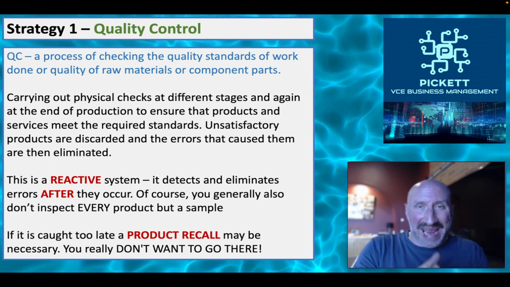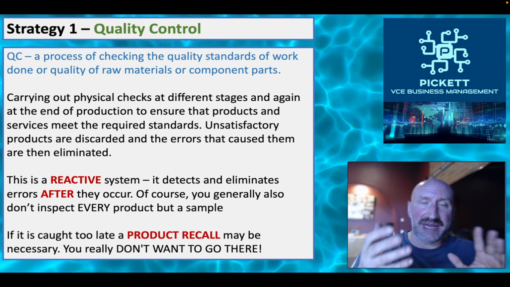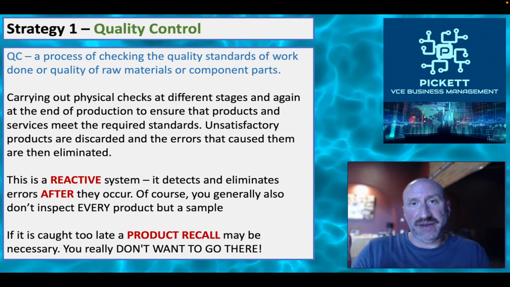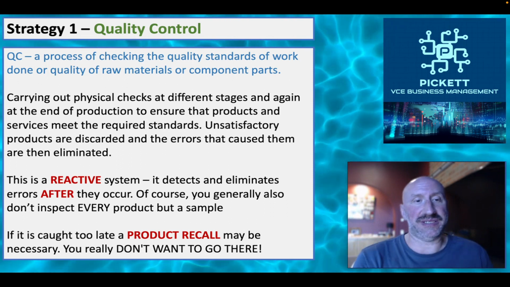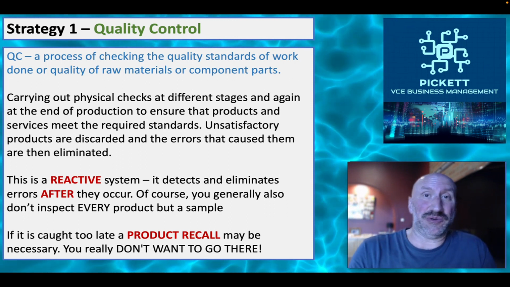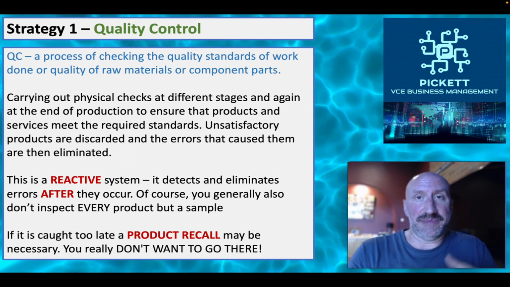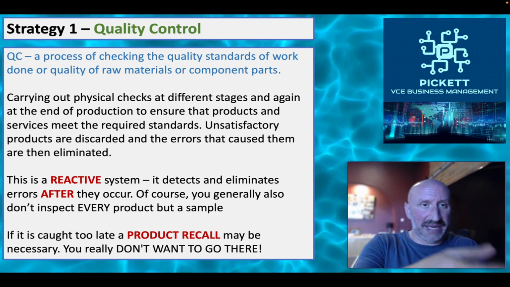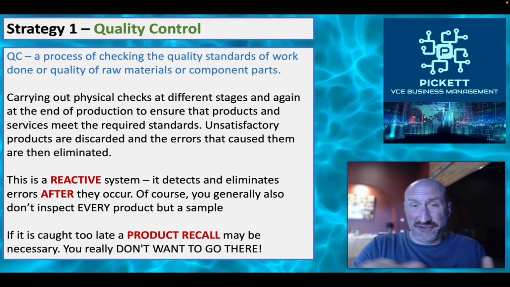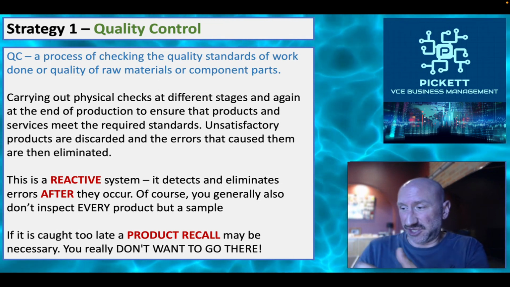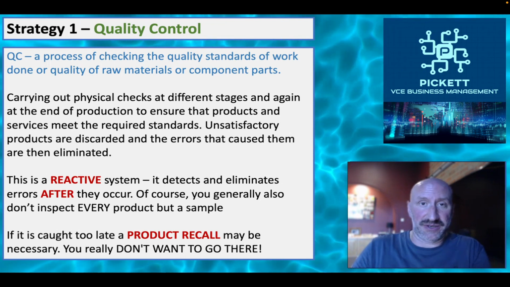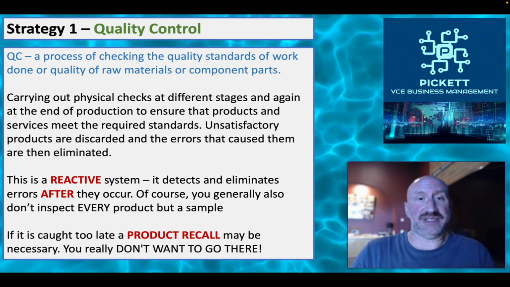Okay, at any point in that process, any unsatisfactory products are discarded, and then the error that caused that unsatisfactory product is then eliminated. Okay, so literally physically going in and taking product at various stages of production, making sure that it meets the standards that you're trying to meet. If it doesn't, throw it away and then fix the issue.